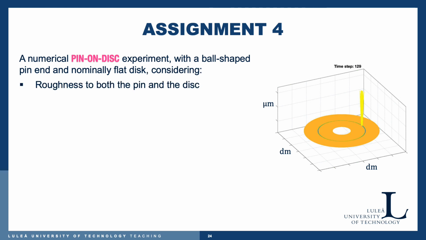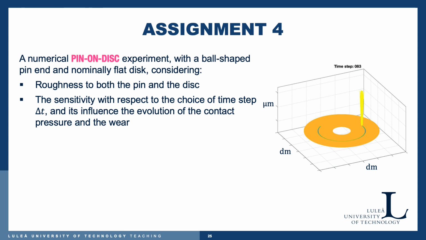You should consider now in this assignment the roughness, and it should be possible to place roughness on both the pin and the disc, or run them smooth, both of them being smooth. You should study the sensitivity with respect to the choice of the time step delta t, and how that influenced the evolution of the contact pressure and the wear.